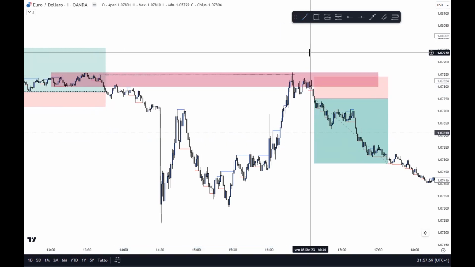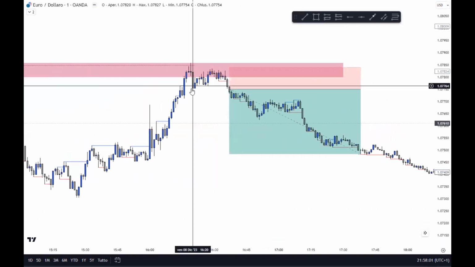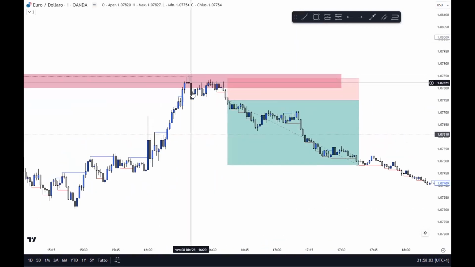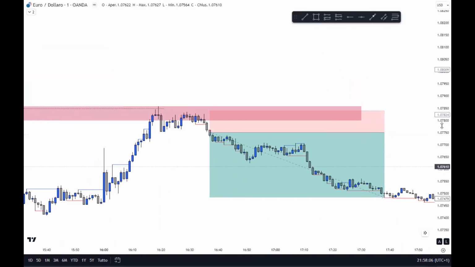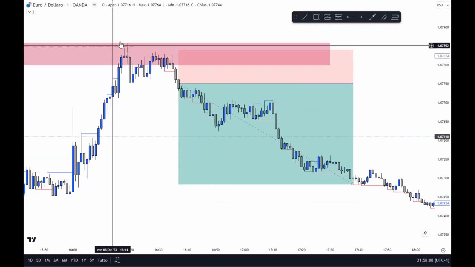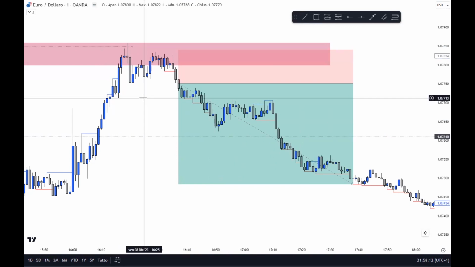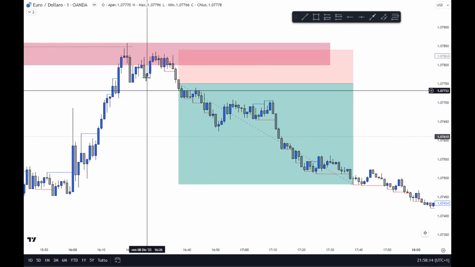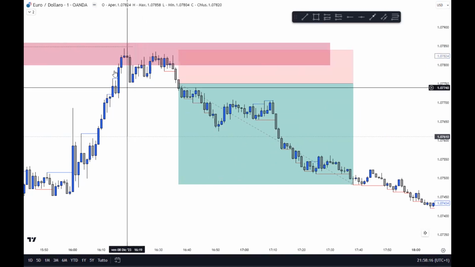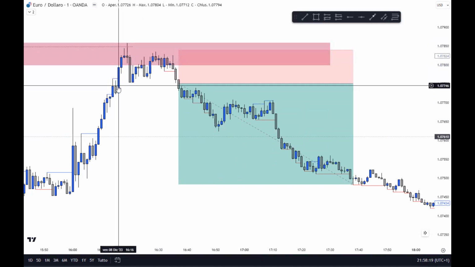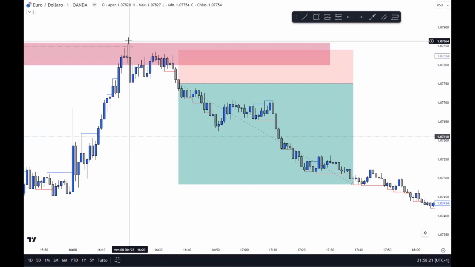The price takes it. And when it takes it, what do we have to wait for? We have to wait for the break of structure down. Where should the break of structure occur?